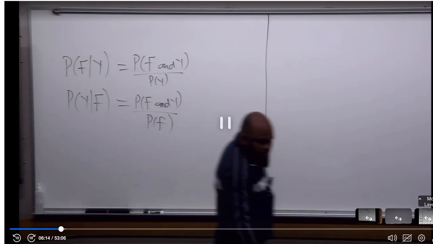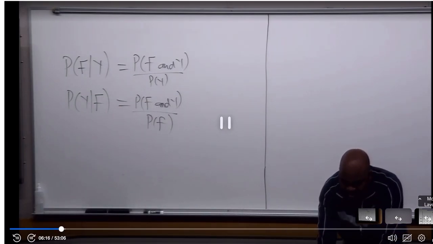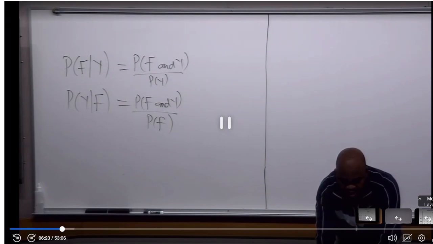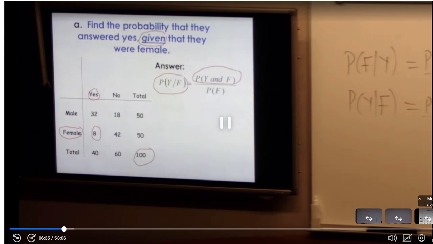Now, based on what you see right now, focus yourself. What is that? Y and F. Yes and female. This is yes, and this is female. That probability is going to be 8 divided by 100. That is for the numerator.